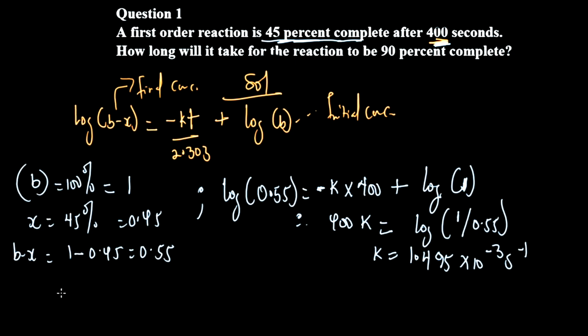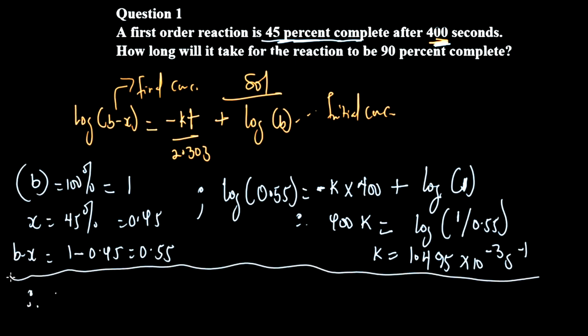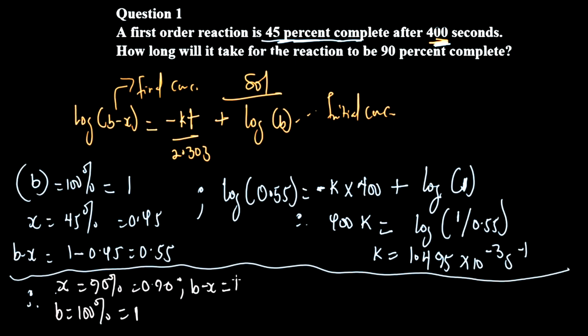For the reaction to be 90% complete, x equals 90%, which is 0.90. We have b to be 100%, which is 1. So b minus x is 1 minus 0.90, and that's 0.10.